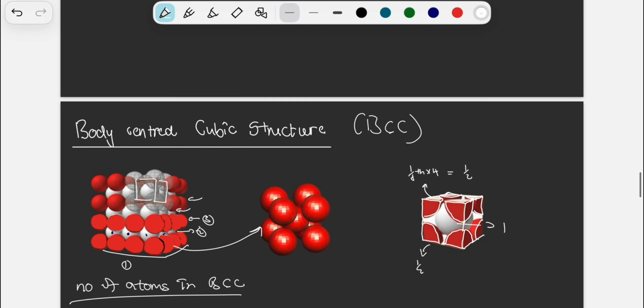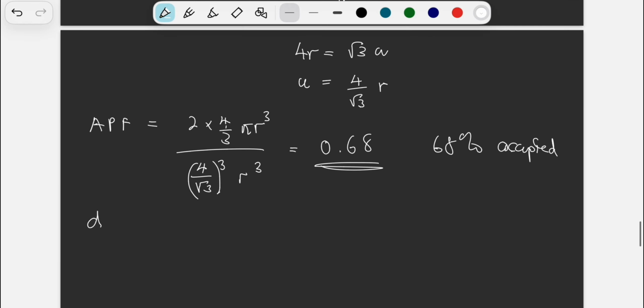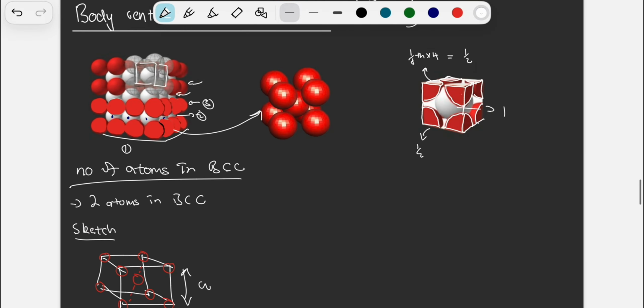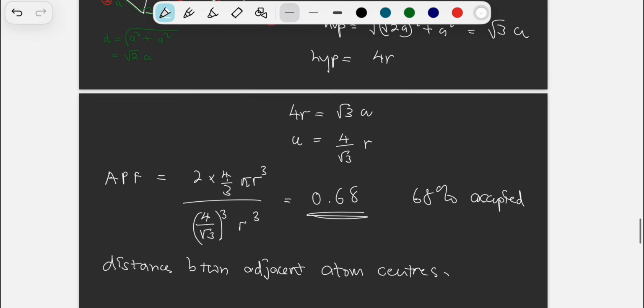The same can be said for BCC. They can ask you for the distance between adjacent atom centers, and in this case, remember, it's the cross diagonal. In this case, we had the cross diagonal of 4R. So the centers will be from here to here, which is 2R.